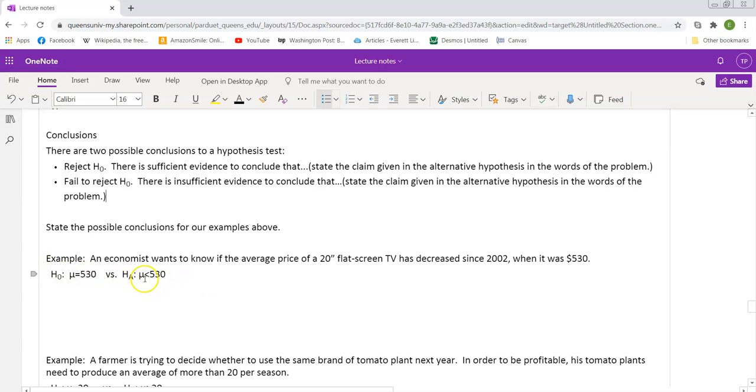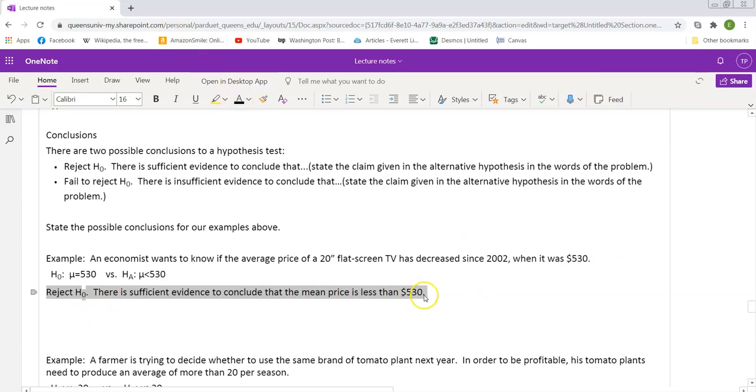So for our first example, we had a null hypothesis of mu equals 530 and an alternative hypothesis of mu less than 530. If we reject H0, that tells us that there is sufficient evidence to conclude that the population mean is less than 530. All right?